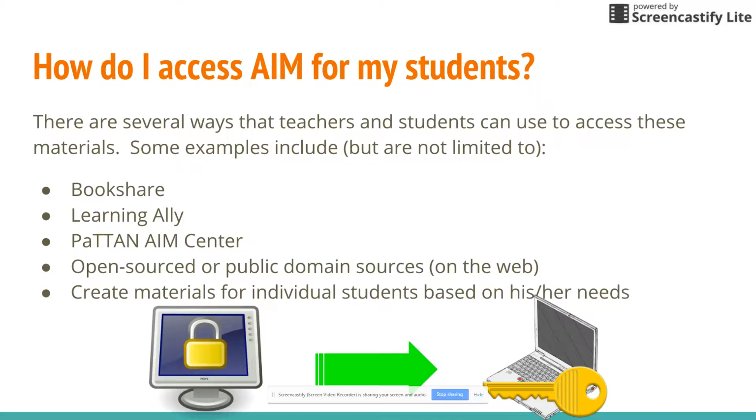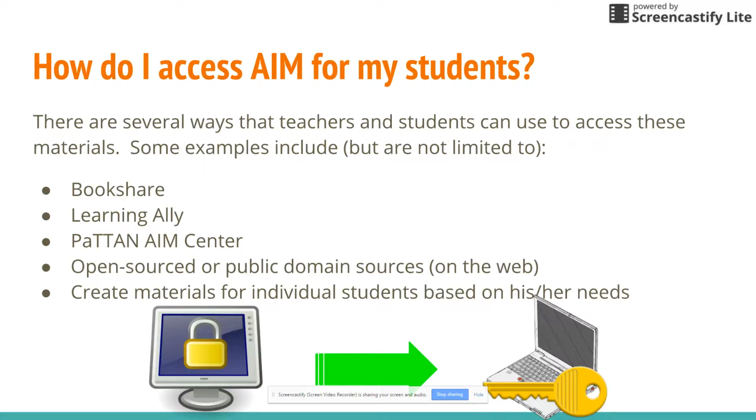Another way to get them is open sourced or public domain sources. So if you go on the web, one example I use is readworks.org, which is a website where you can go and sign up and get reading passages that are different grade levels, and they usually have comprehension questions with them. Sometimes those are also accessible formats.